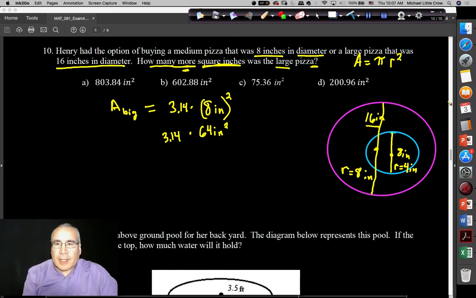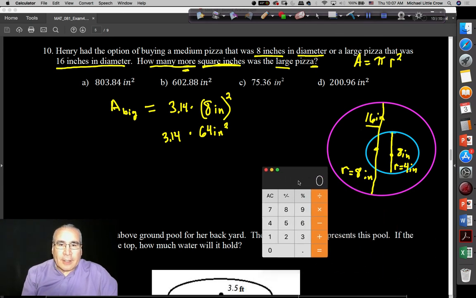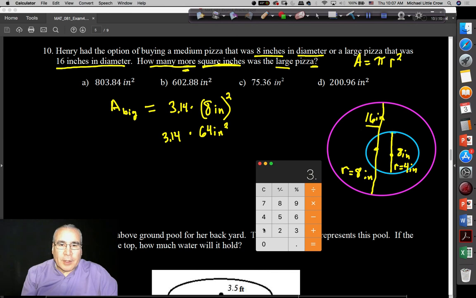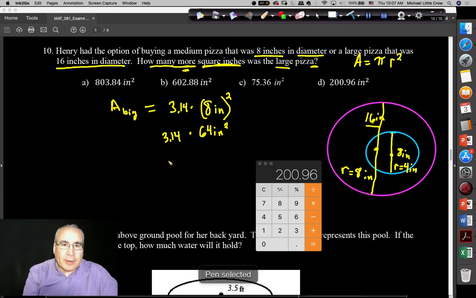To get the accuracy, it's probably good to bring out the calculator for this one. 3.14 times 64, switch back over here. So that's 200.96 inches squared.